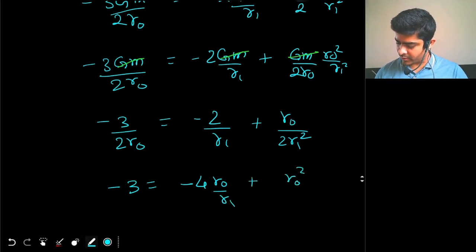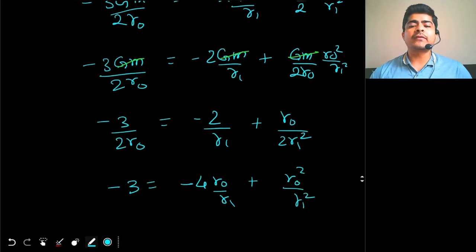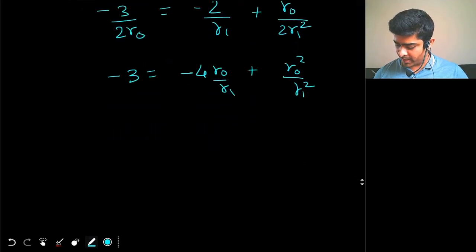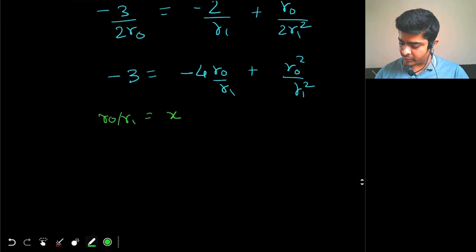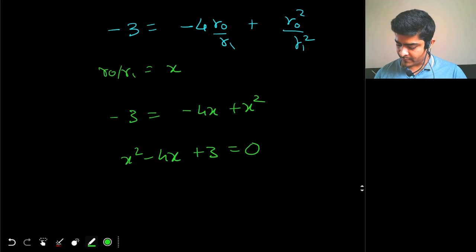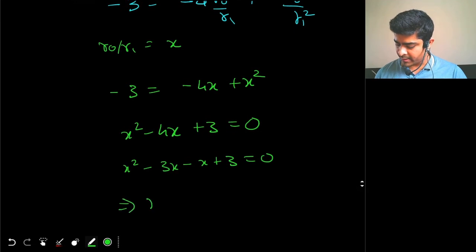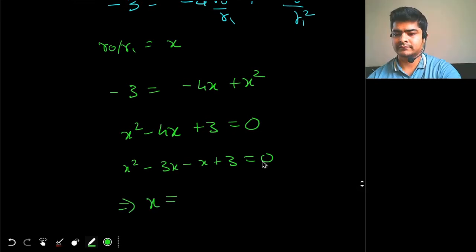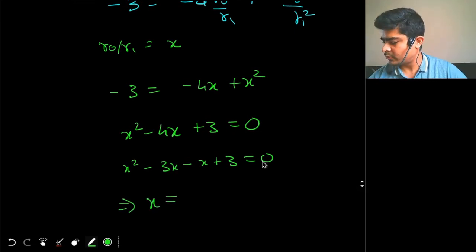Now if I say r naught by r1 is equal to x, then I obtain minus 3 equals minus 4x plus x². So x² minus 4x plus 3 equals 0, so x² minus 3x minus x plus 3 equals 0. If I solve this equation, I get x equal to 3 or 1.